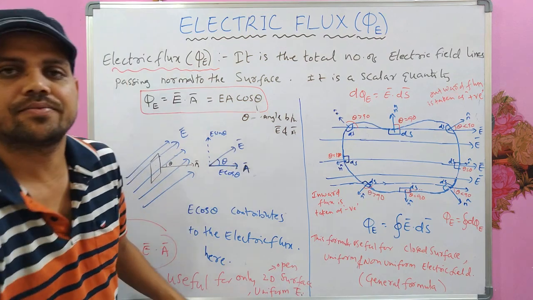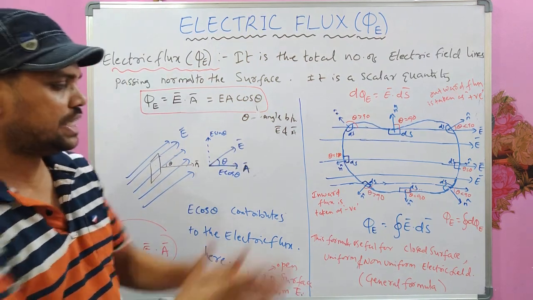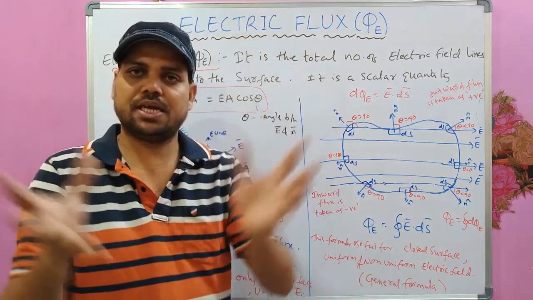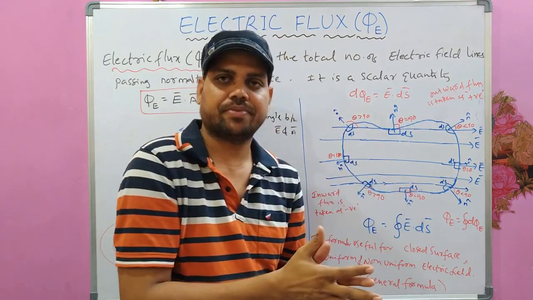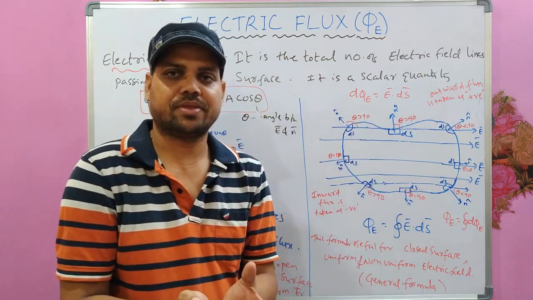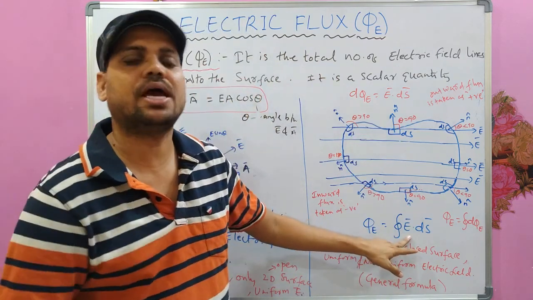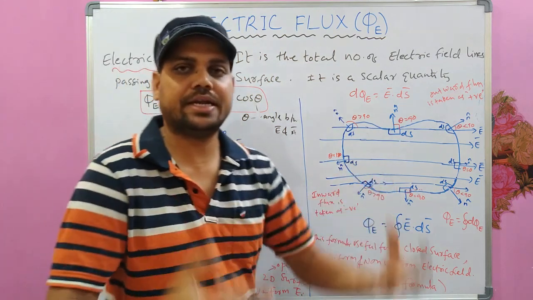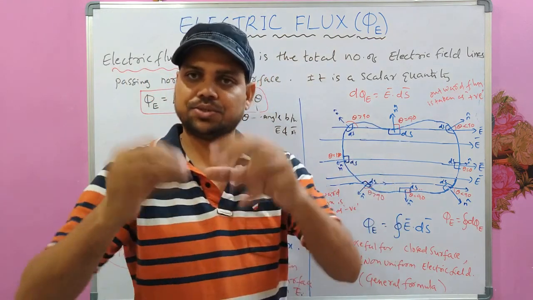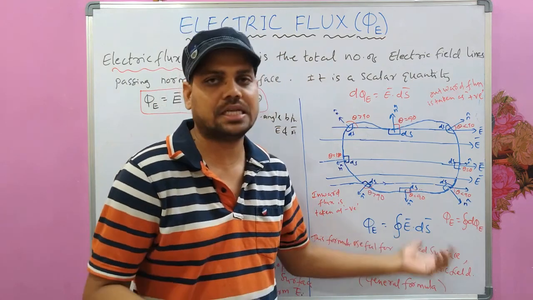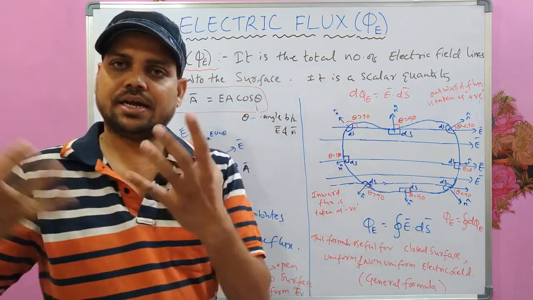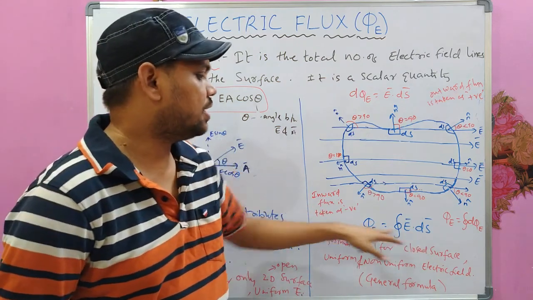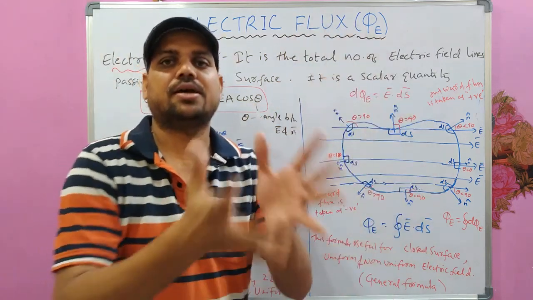But if E is changing, and if the area is changing, if the shape of the body is different, if it is an irregular shape, then this formula is more helpful than this. We can divide that surface into small segments, where the small segment area is dS, and adding up all the individual flux values, you will get the total flux linked to that surface.